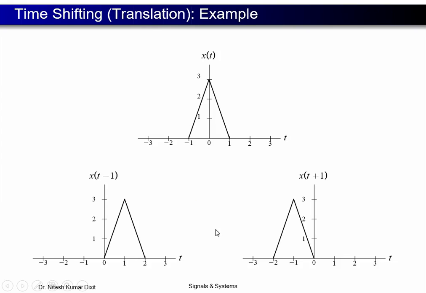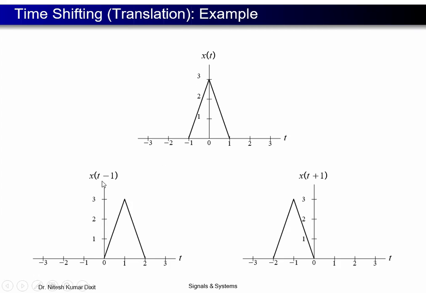So we are taking an example. Here we have x(t), which is a signal between -1 and +1, a ramp function between +1 and -1, and the height is 3.